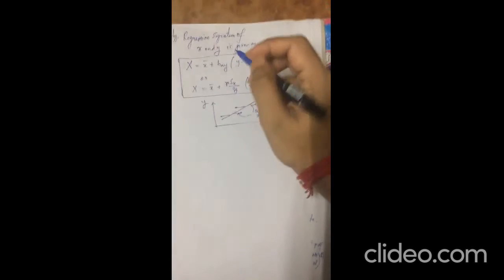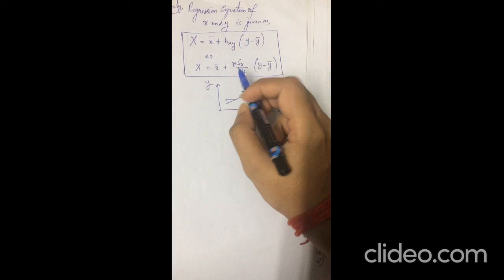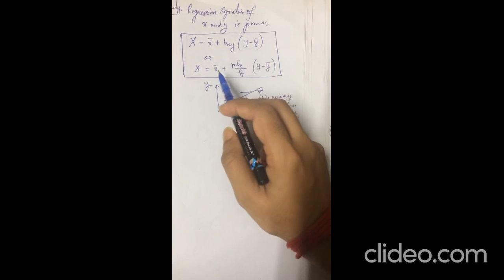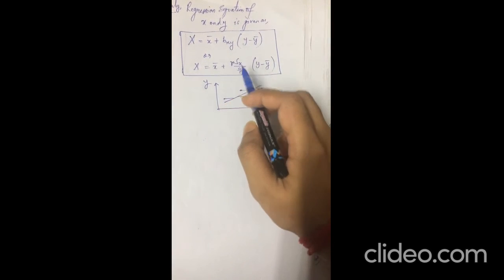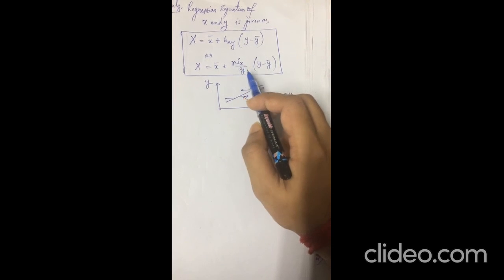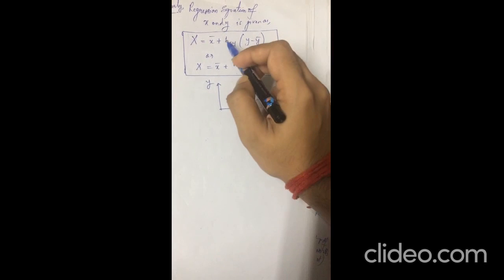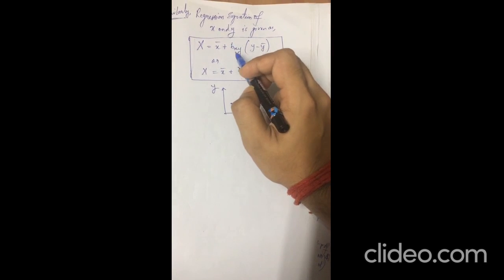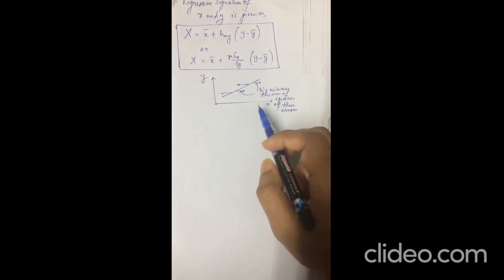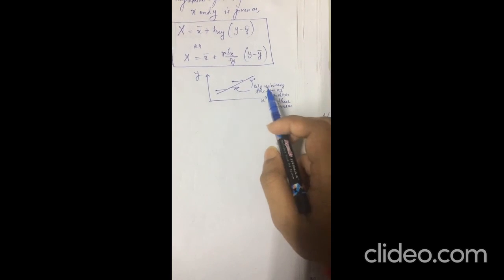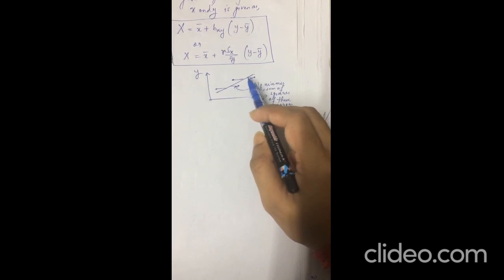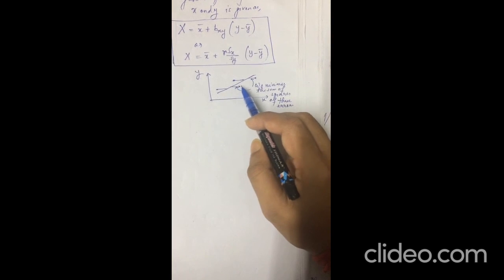Similarly, if we are asked about the regression equation of x on y, it will be capital X equal to x bar plus r into sx by sy into y minus y bar, and this term will be bxy, the regression coefficient of x on y. The graphical interpretation will be like this, and here we have to minimize these horizontal distances or errors.